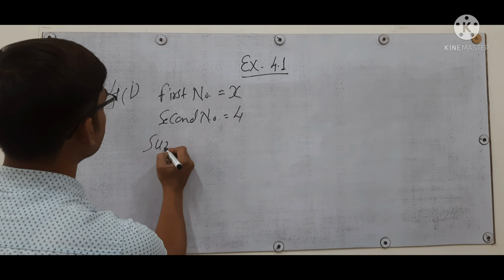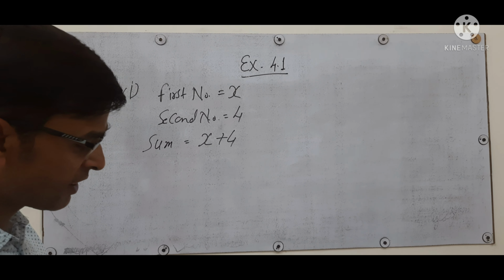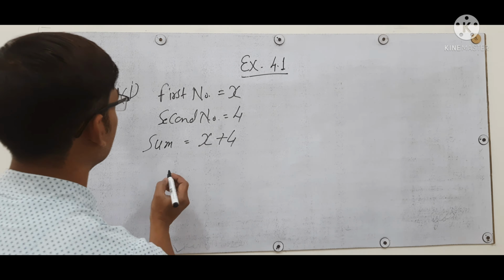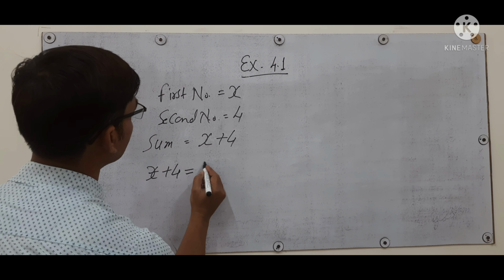So what will be its sum? The sum will be x plus 4, and here it is given that the sum of x and 4 is 9. So we just put it: x plus 4 is equal to 9.